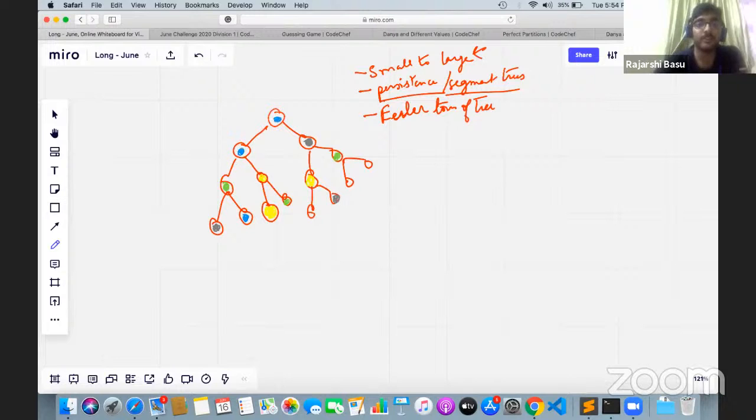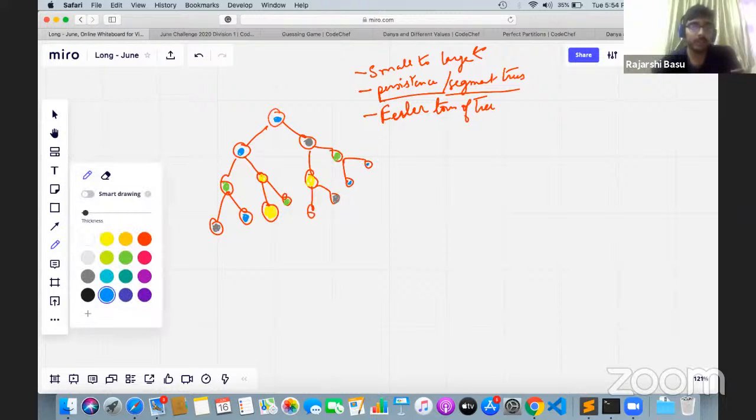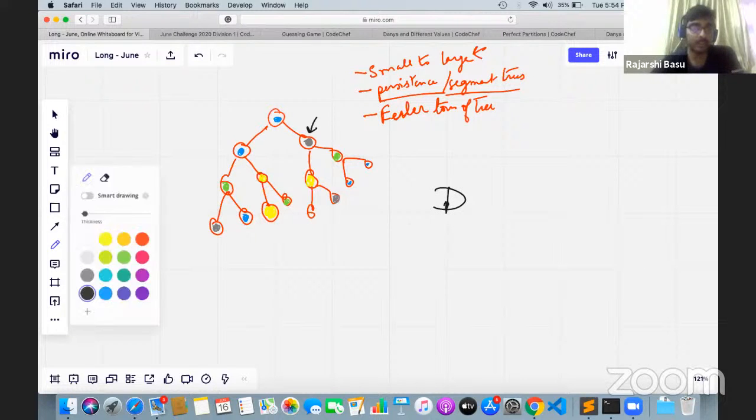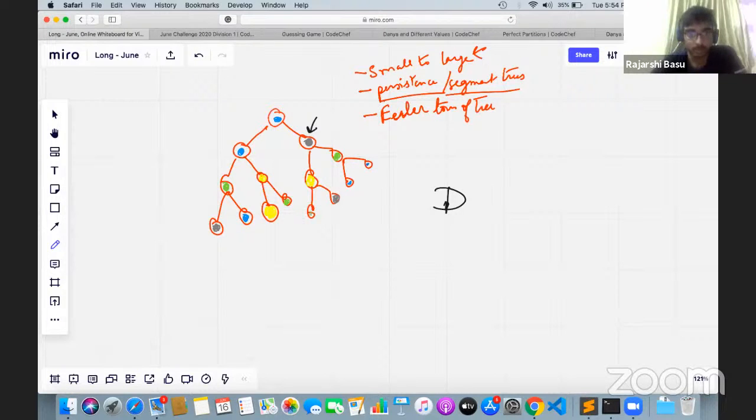Right, so every node has a color. Now in the queries, you are given a particular node, let's say this node, and you are asked that in its subtree, within the depth D, rather within distance D, how many distinct colors are there? By the way, I think there was a color missing for this node. So this is what you have to do.